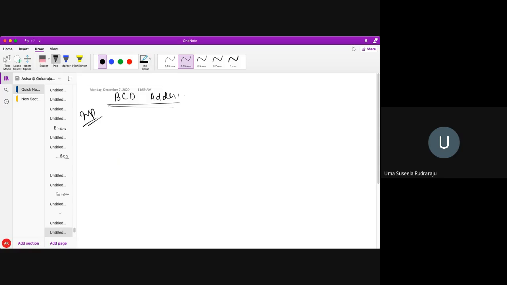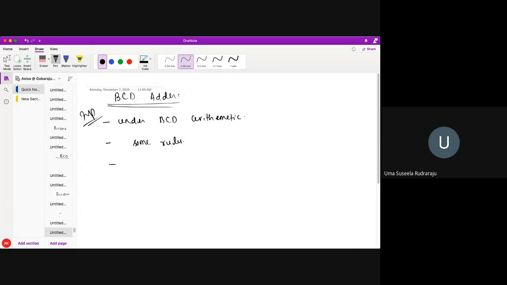It will come, so please try to understand this. BCD adder comes under BCD arithmetic. In BCD addition, we have to follow certain rules. What are those rules? I'll tell you, don't worry.